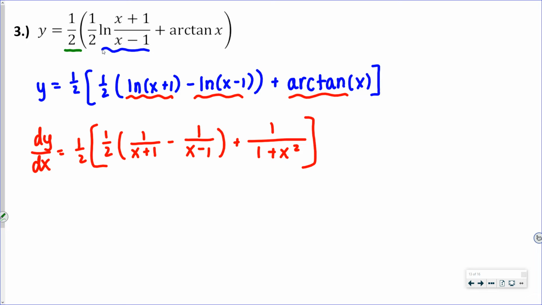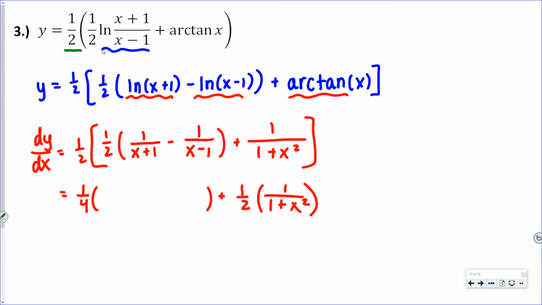Okay, so what I did was, first of all, I distributed the 1/2 to everything. So this would be the same as 1/4 times this one, which I'm going to start making common denominators there, and 1/2 times the arctangent one, like that.